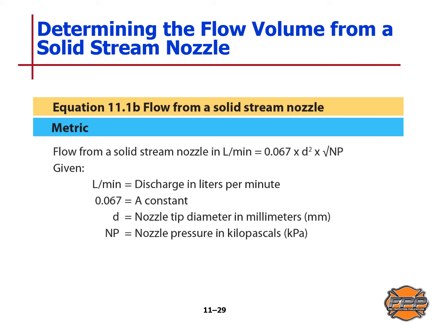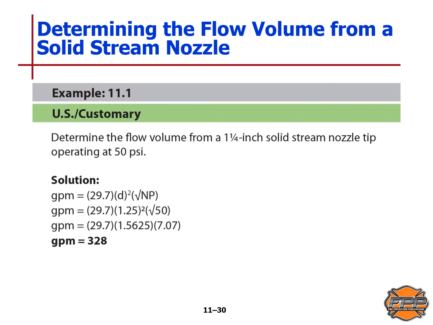It's the same formula, it's just that the value of your constant is going to be different, and ultimately the value of the numbers you plug in will be different. It's liters per minute, not gallons per minute, equals 0.067, which is your constant, times D squared times the square root of NP, where D is the nozzle tip diameter in millimeters and NP is the nozzle pressure in kilopascals. Here's an example of determining flow rate for a solid stream in US customary or imperial measurement.